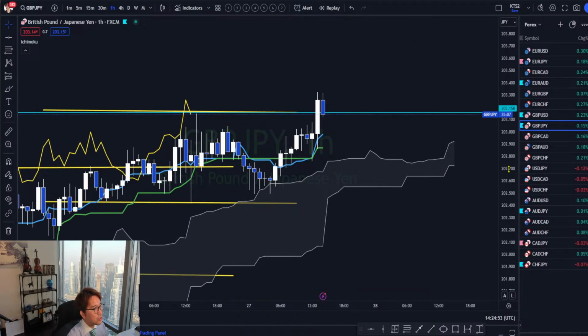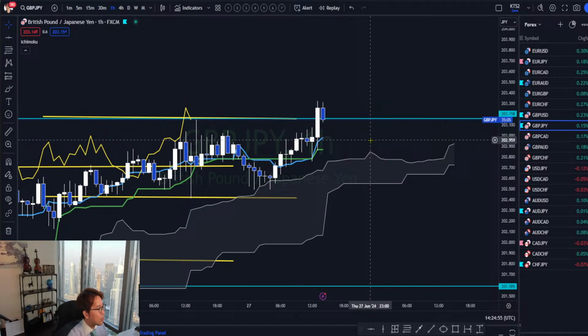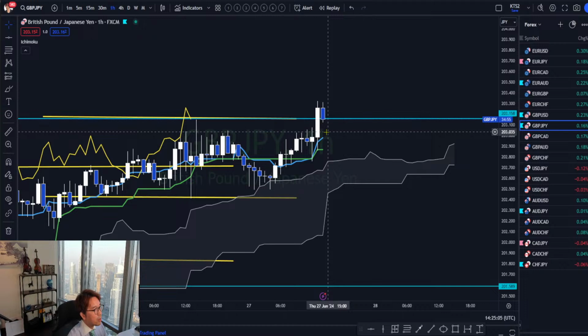In this condition, I don't mind trading right now because this is only one previous touch. But I'm more curious about the closing price of this 1 hour time frame. If it closes above 203.15, then it's likely that the market goes bullish after this.